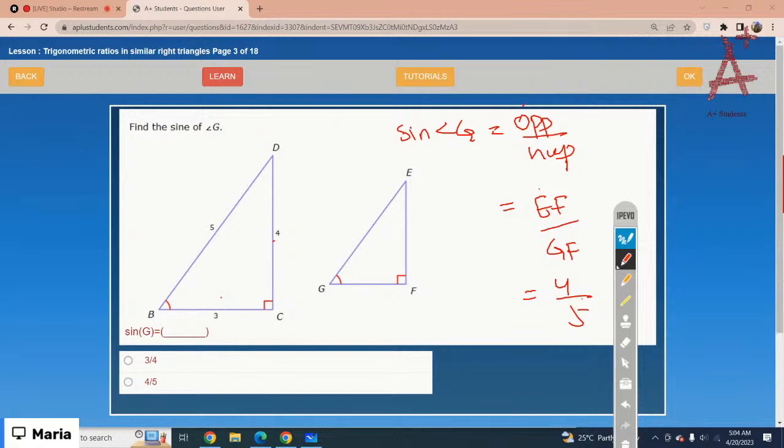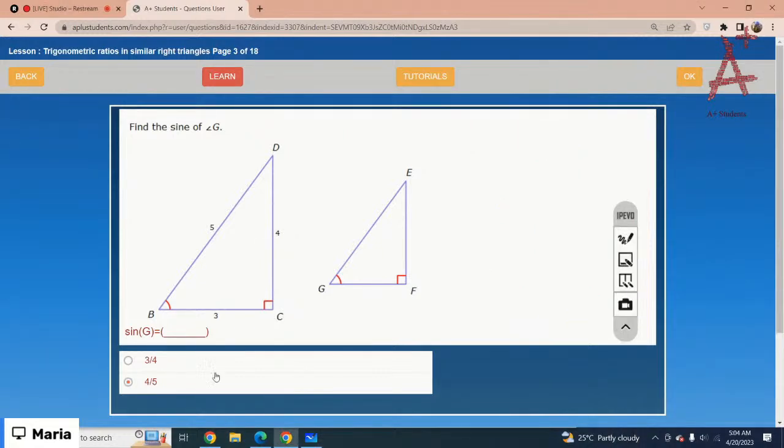Got it? So the correct option is 4 over 5.